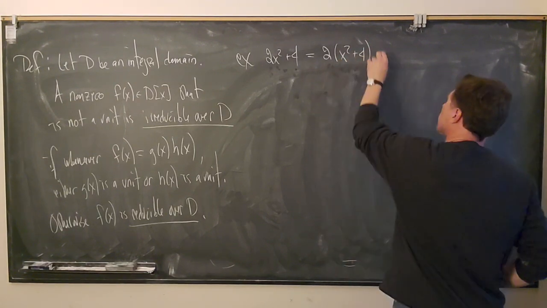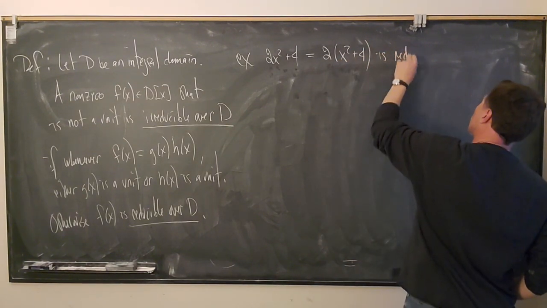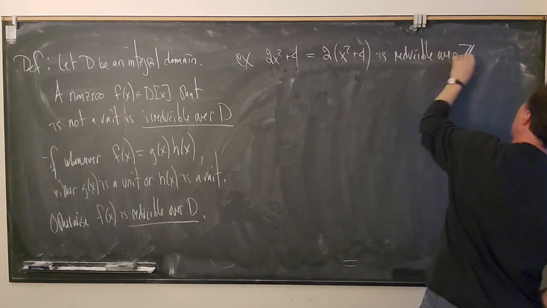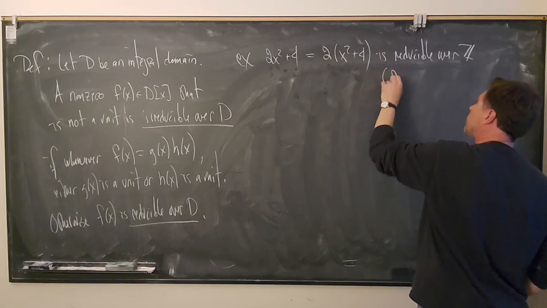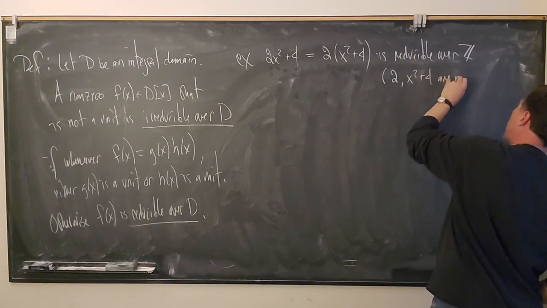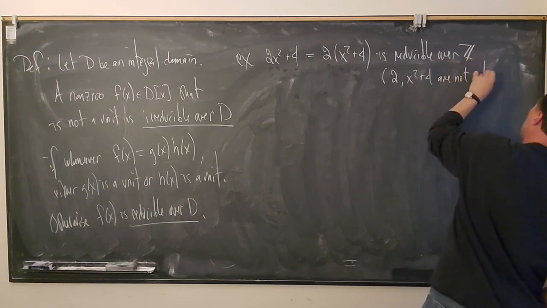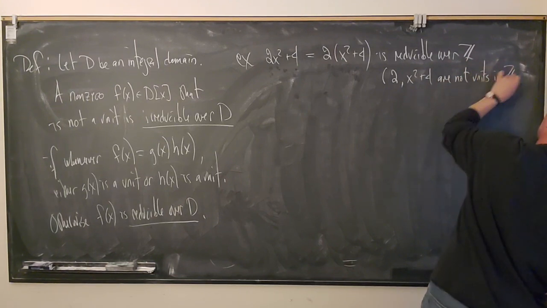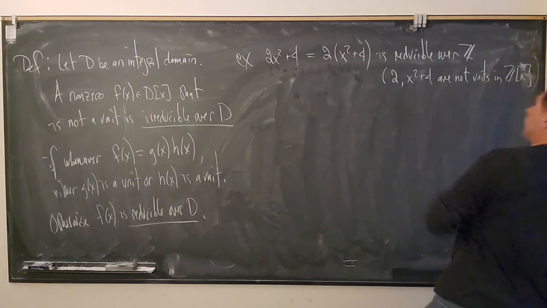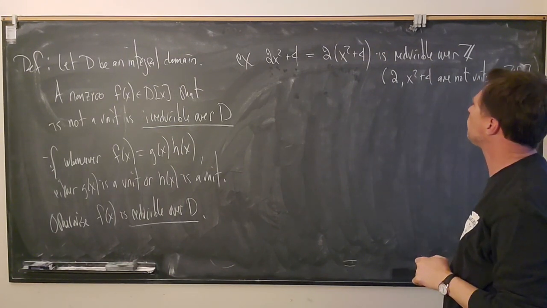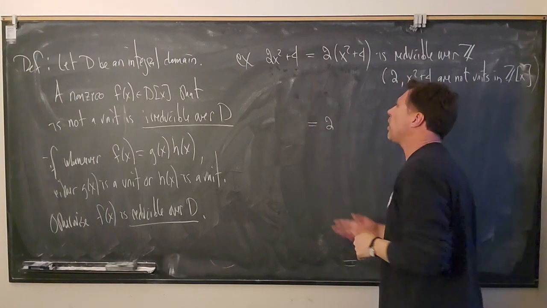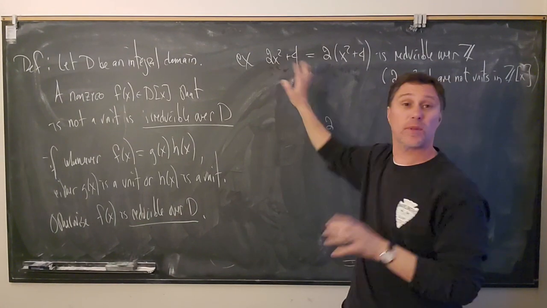So this one is reducible over Z, and the reason is that 2 and x squared plus 4 are not units in Z bracket x. However, these coefficients are integers, but they're also rational numbers.